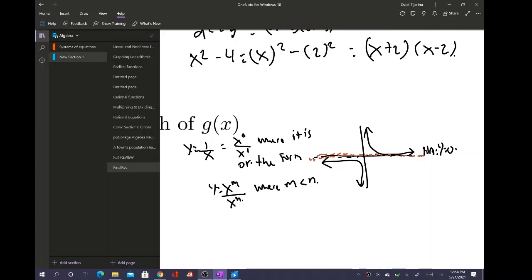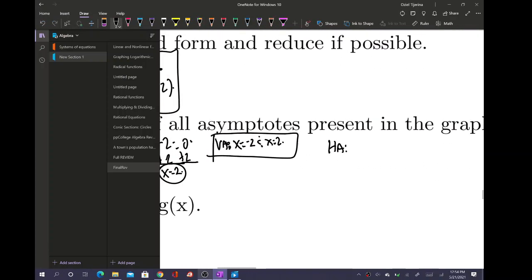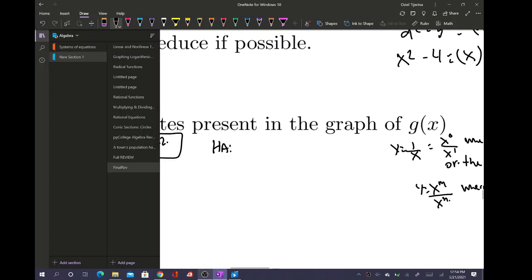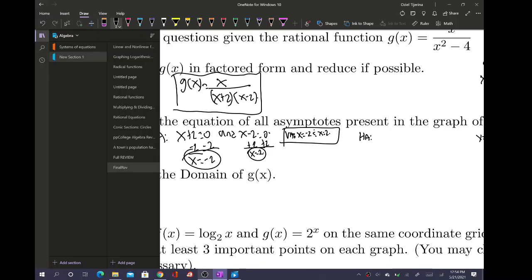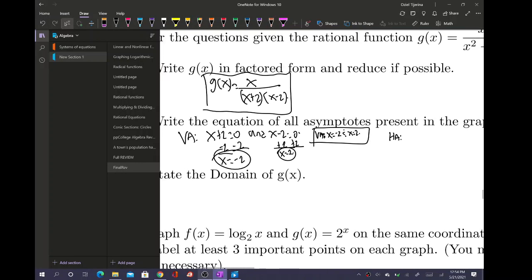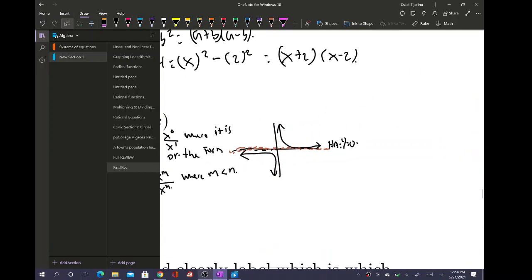So if we think about it, we have x over x plus 2 times x minus 2, which means that if we look at the actual function, y equals x over x squared minus 4, if we look at this part here, this is y equals x to the 1 over x squared.